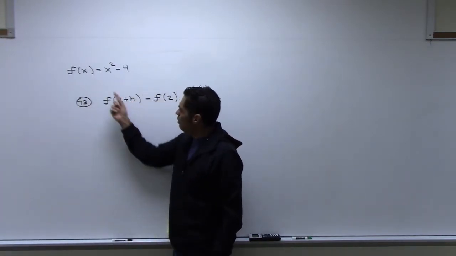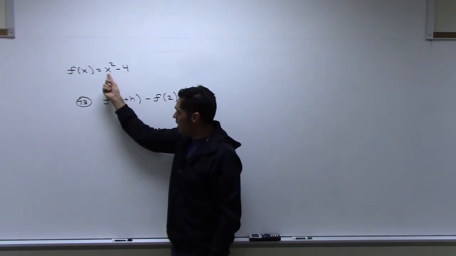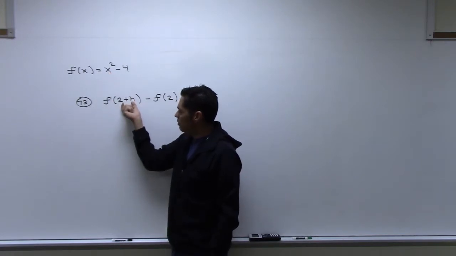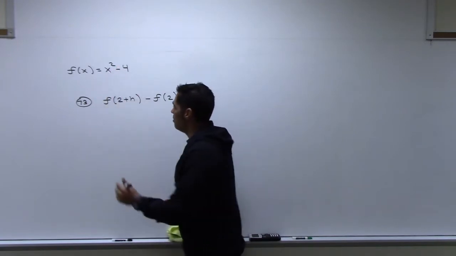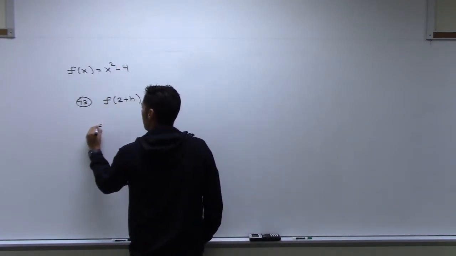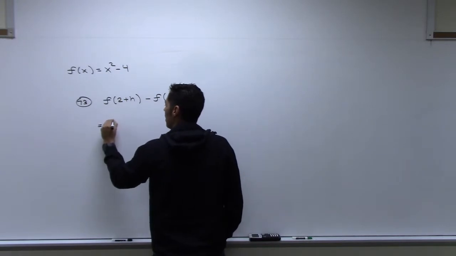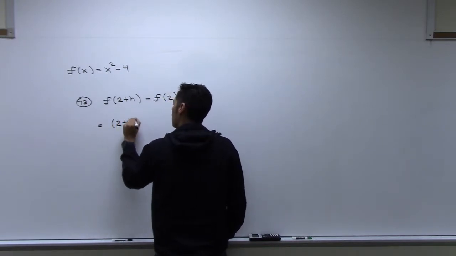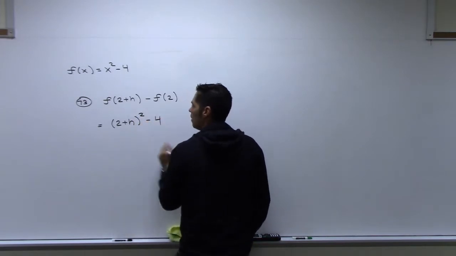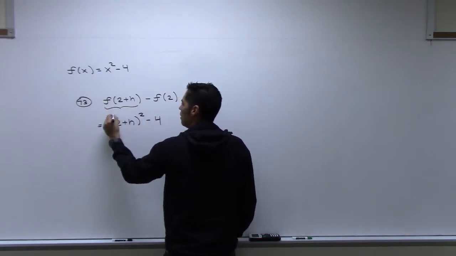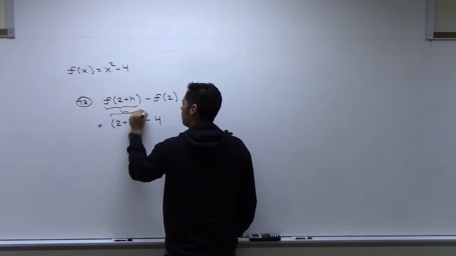We're actually going to be replacing this x with this binomial, two terms, 2 plus h. So that 2 plus h, when it goes in here, has to be squared. So the way I write this is going to be very important. I need to replace that with 2 plus h in parentheses, and I need to square it. Then subtract 4.